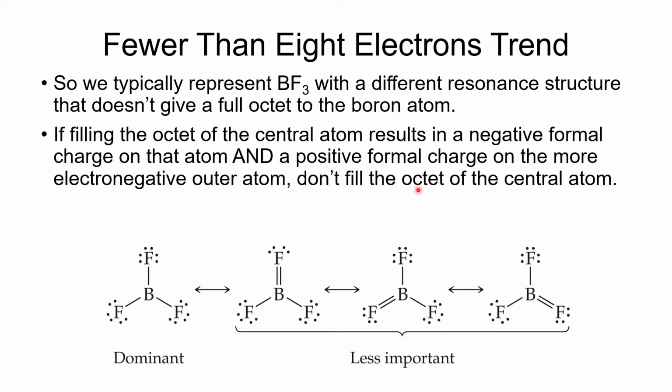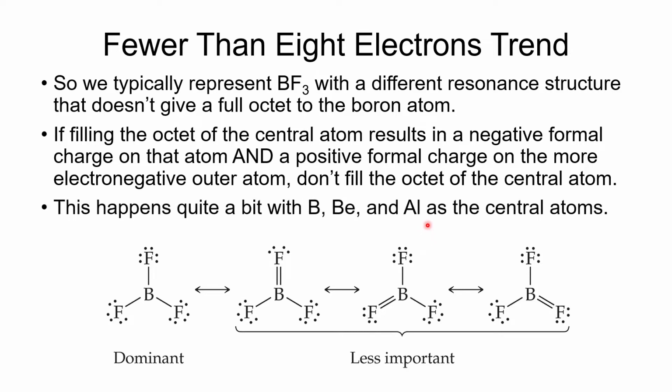And you know, a lot of times metals won't do the covalent bonds, but some of them will. So we'll find that typically this happens more with boron, beryllium, and aluminum. Boron and aluminum are in group 3, and beryllium is in group 2.